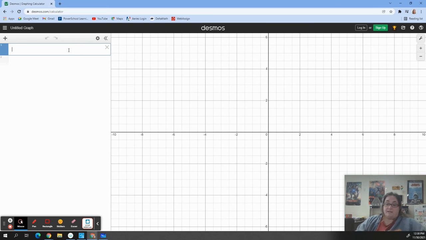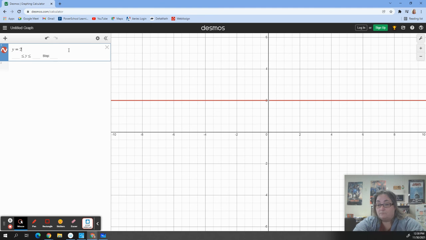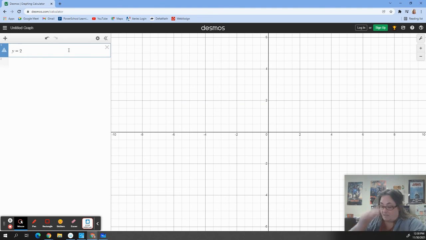So I could put it in as y, or I could put it in as f of x, and I could go y equals 2, raise it up, up arrow. That little up arrow, a little hat above your 6, will allow you to raise something to a power. Yeah, shift 6.